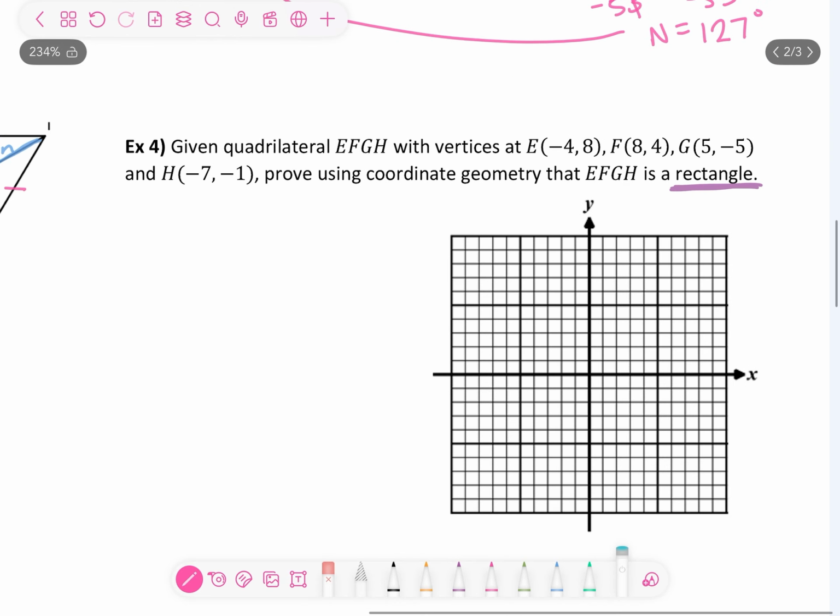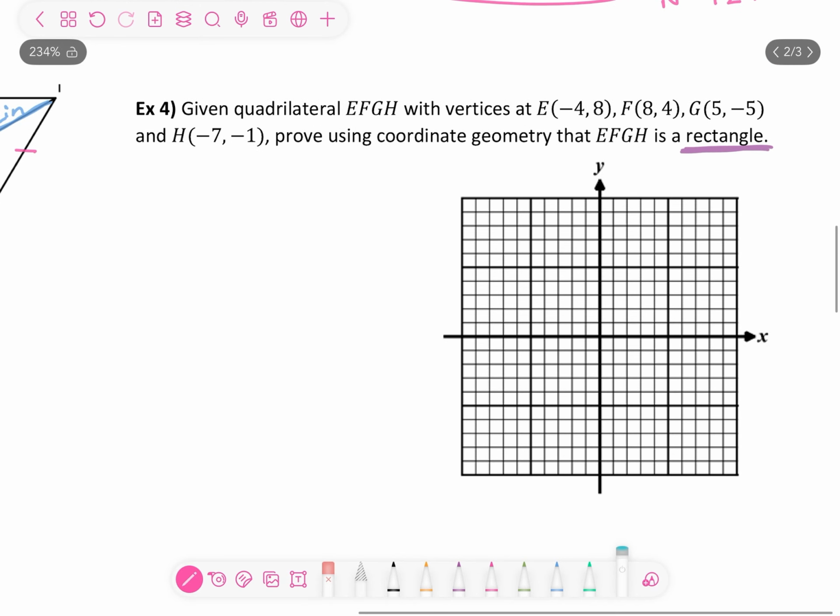Okay, so looking here, let's go ahead and do the diagram first. Let's go and plot these points. So negative 4, 8. That's E up there. Okay, and then F is at 8, 4.